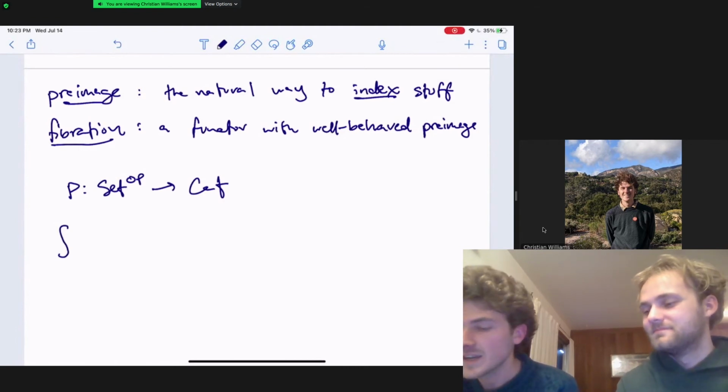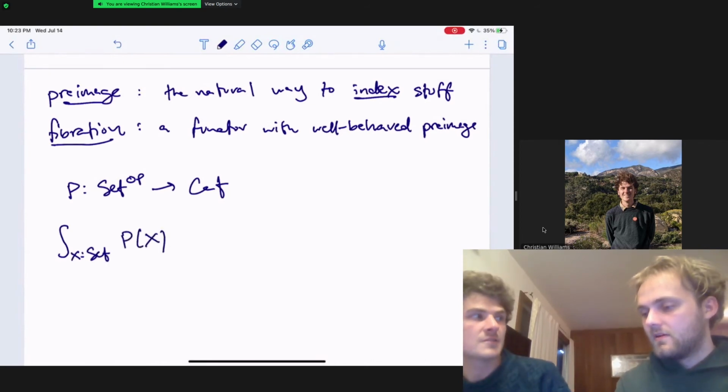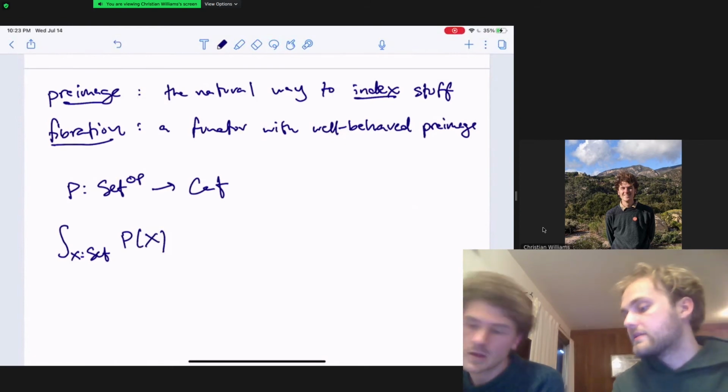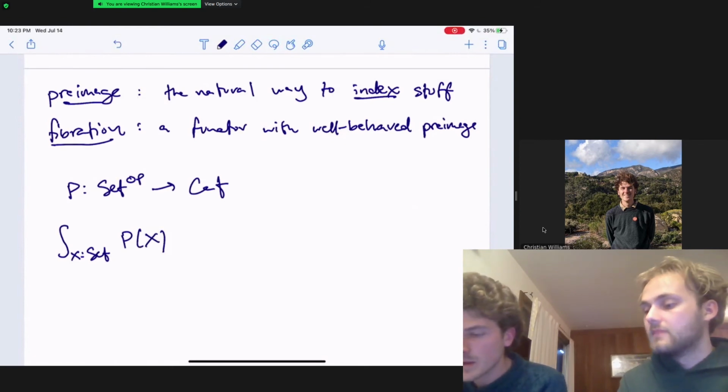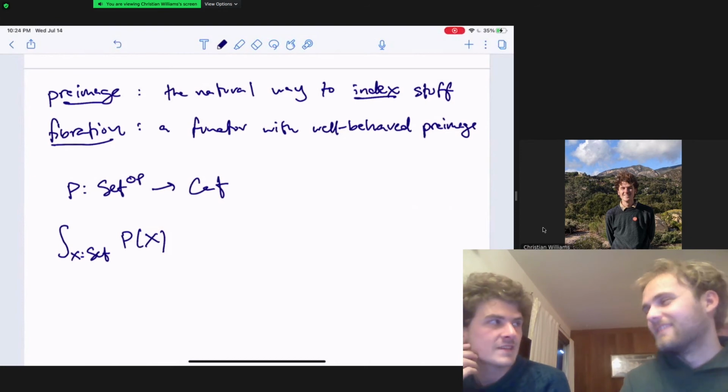But it's kind of a fancy colimit. Over every set X, I'm taking its power set PX. Is that X in Set or X in Set op? Oh, X in Set, power set. Maybe you should write an op there. It's not a big deal.